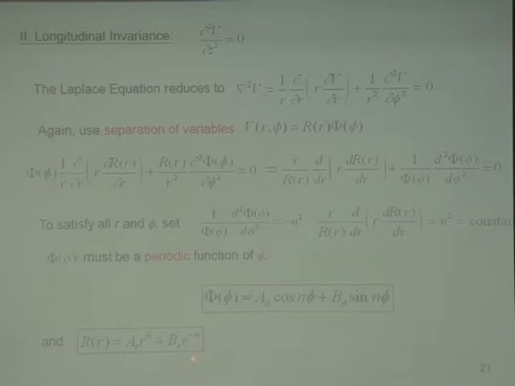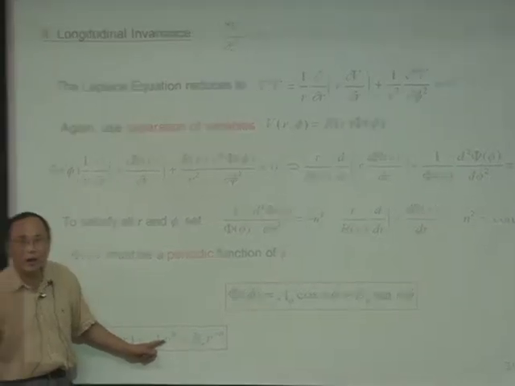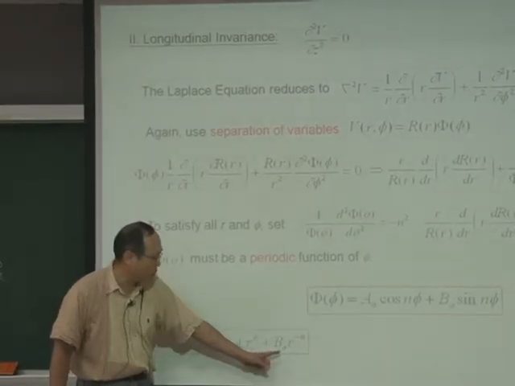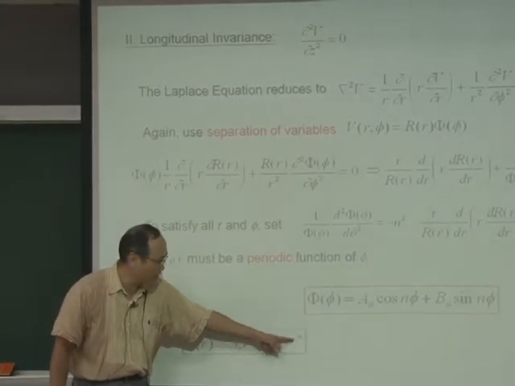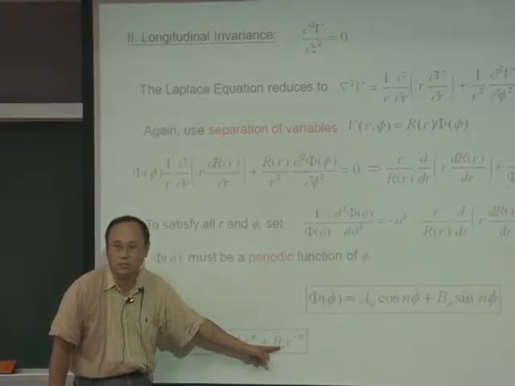Okay, but you have to look carefully at how you choose the solution for this one and for this one. Because if you involve a region of R equal to 0, you cannot pick up this solution. If R equal to 0 with minus n, then this term diverges.